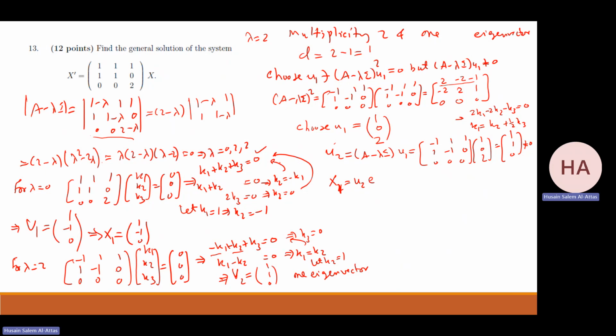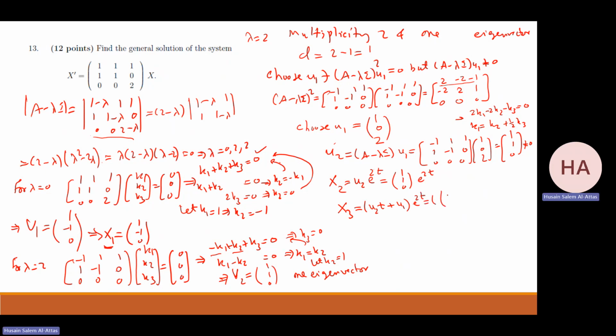So my solution x2 will be u2, what is the lambda? 2t. That will be 1, 1, 0 e^2t. This is x2, since x1 is this one. Okay, x3 will be u2 t plus u1 e to the power 2t.